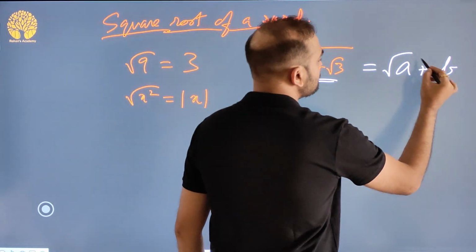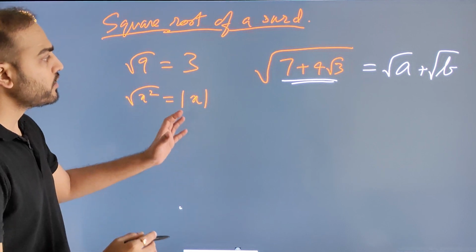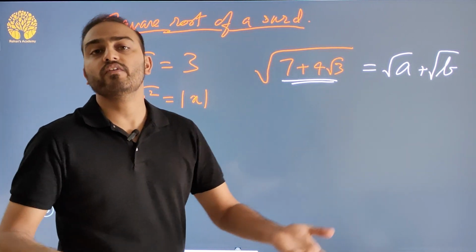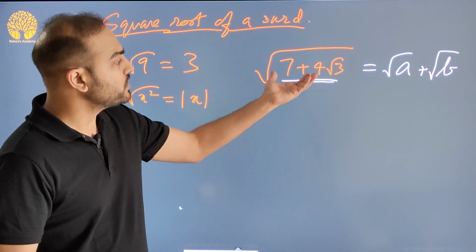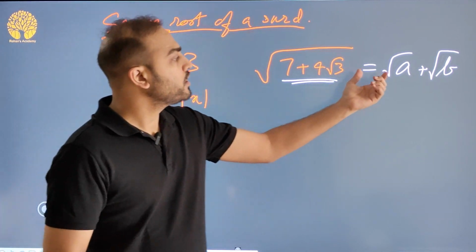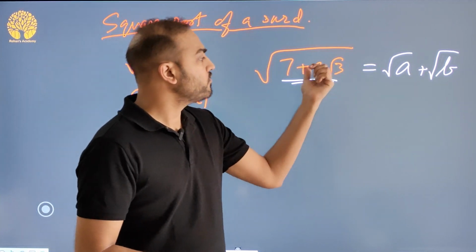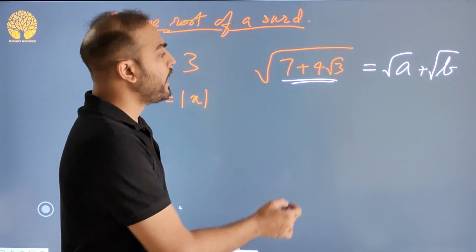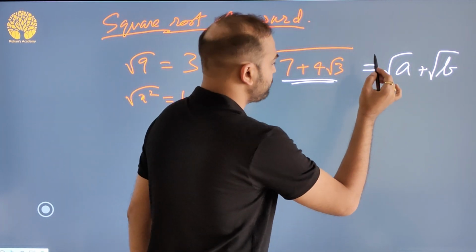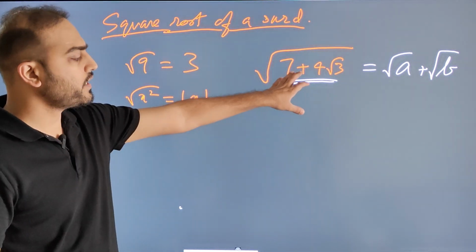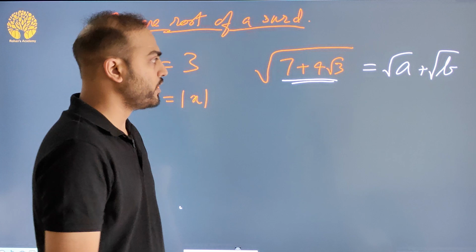And since this is a surd, this will be root a plus root b. So what did we do? The way we solve any math question, whatever is unknown, let that be x. Similarly, let the square root of this be root a plus root b. Why two terms? Because we have two terms here. Why plus sign? Because we have a plus sign. Had there been a minus sign, we would have also mirrored the minus sign.